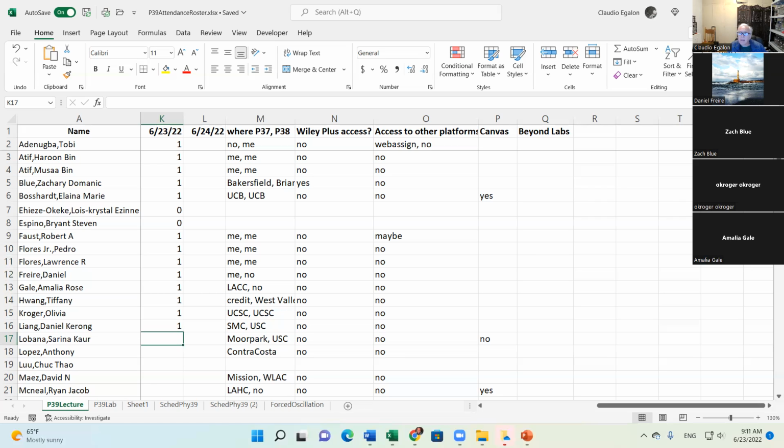I see Sarina listed here, but I don't hear her. Let me put a star. Anthony Lopez. Good. Next is Chuck Lu. I don't see Chuck Lu in the list.